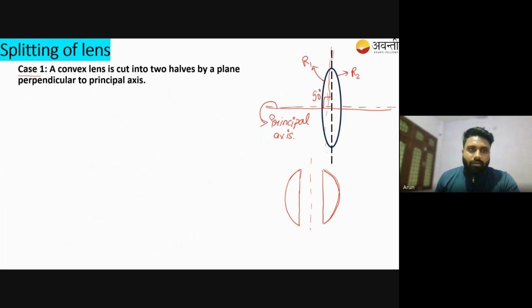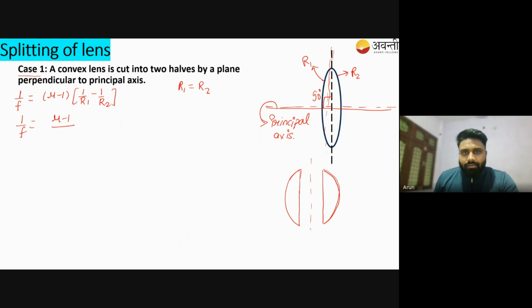What happens now? If you apply the lens maker formula, 1 upon f is equal to, for this lens, mu minus 1 times 1 upon r1 minus 1 upon r2. Let's say this is an equiconvex lens which has r1 equal to r2, so r2 is measured in this direction and is considered negative.